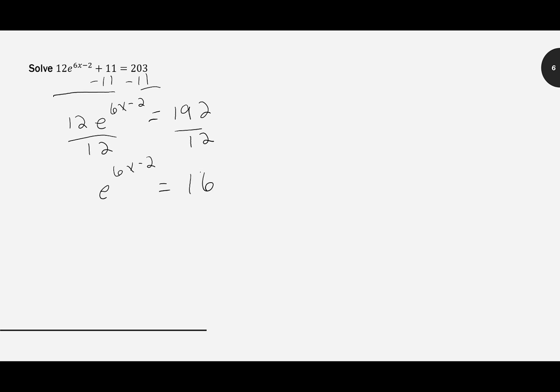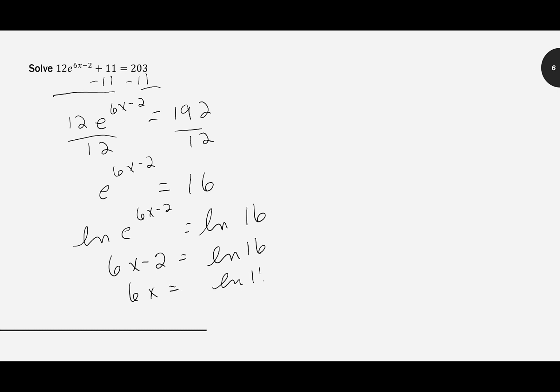We got lucky. Now I'm going to take the natural log of both sides. That's going to leave me as 6x minus 2 on the left, natural log of 16 on the right. We need to move the 2 over, so 6x is equal to the natural log of 16 plus 2. You cannot add the 16 and the 2.